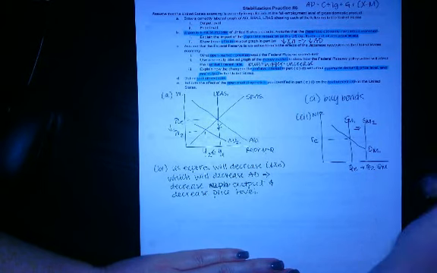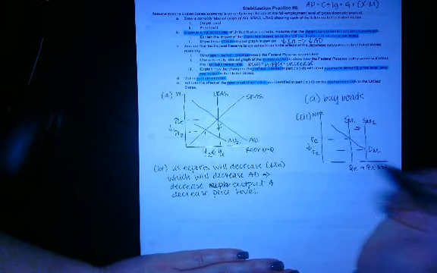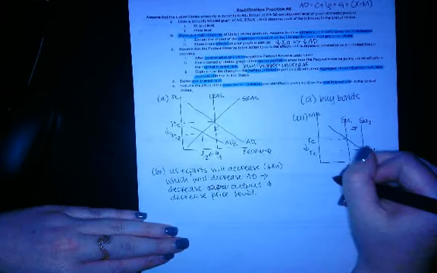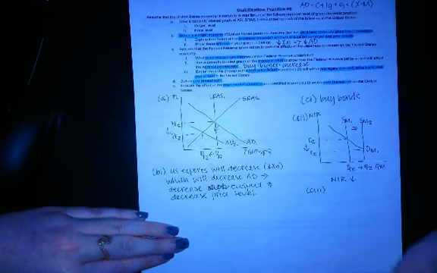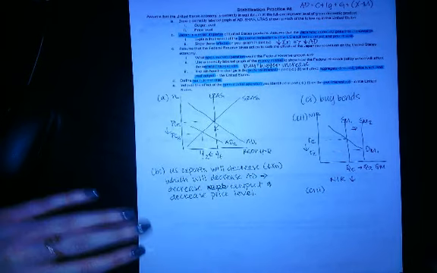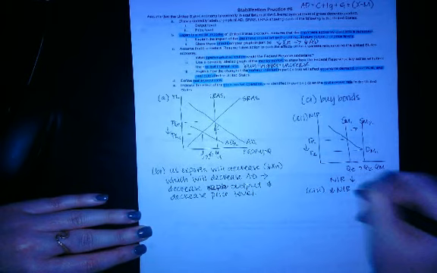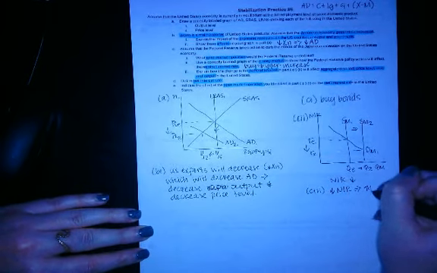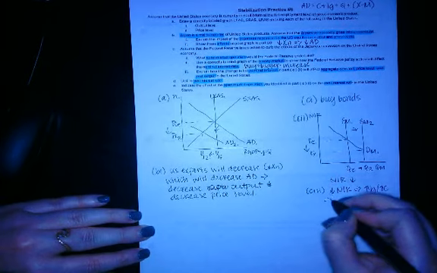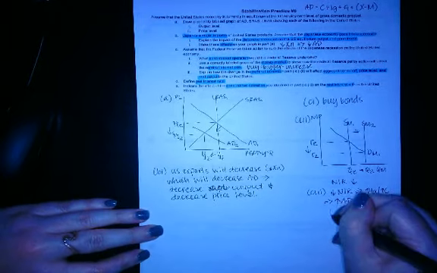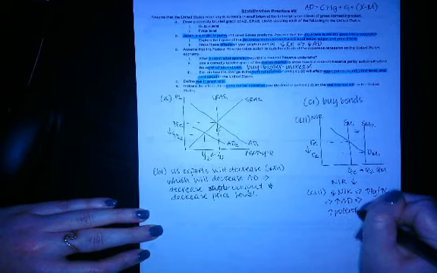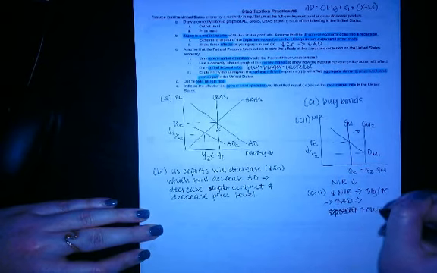And then C3, explain how the change in the nominal interest rate in C2 will affect aggregate demand, price level, and real output in the U.S. Well, a decrease in our nominal interest rate will lead to an increase in IG and an increase in C, which will lead to an increase in AD, which will increase output or return to potential, and it will increase price level.